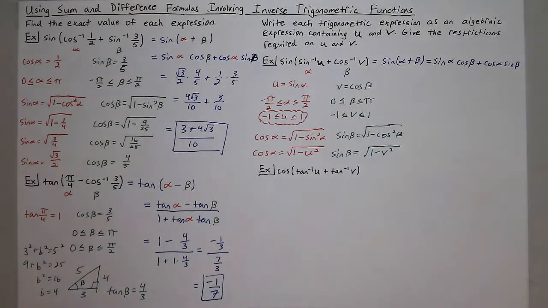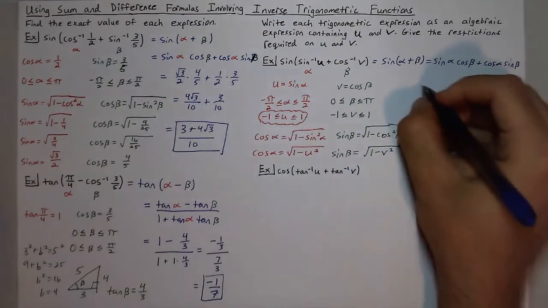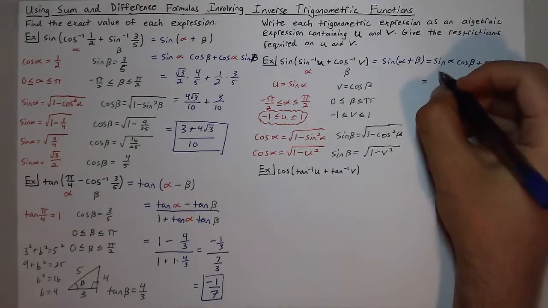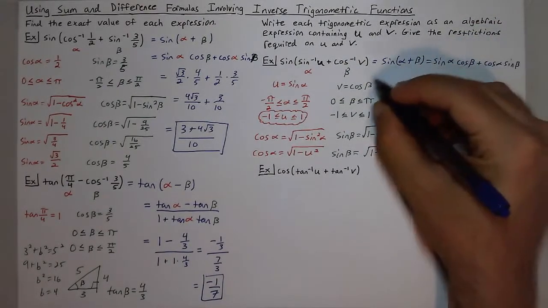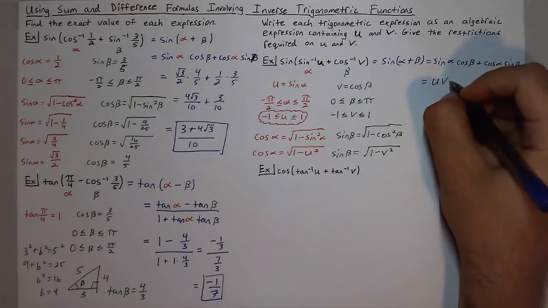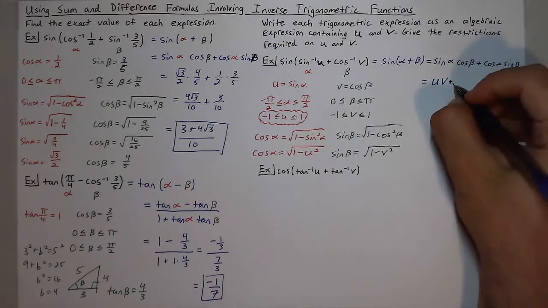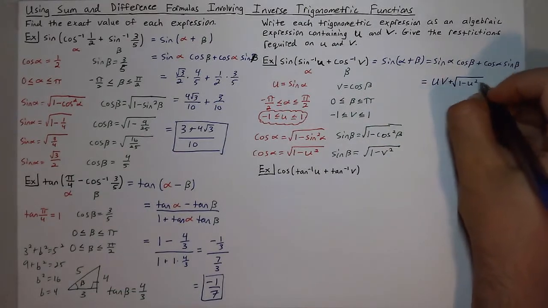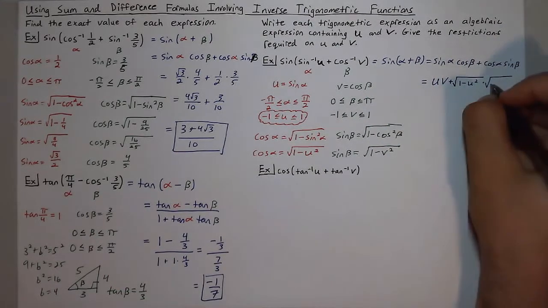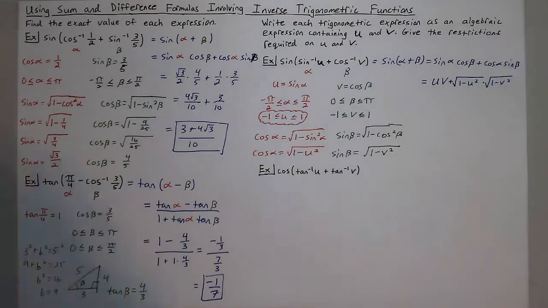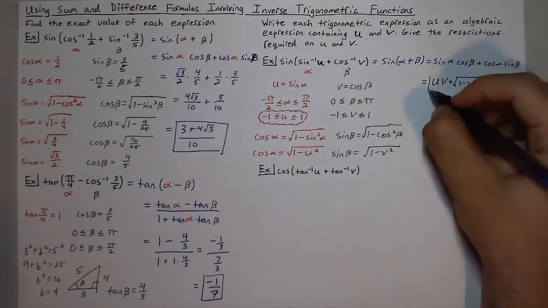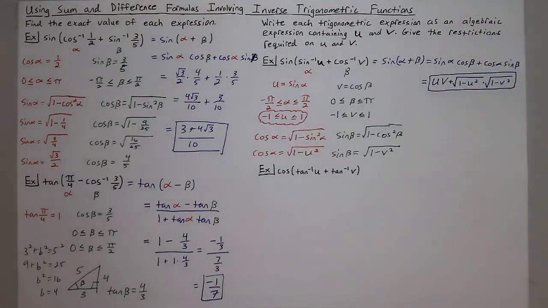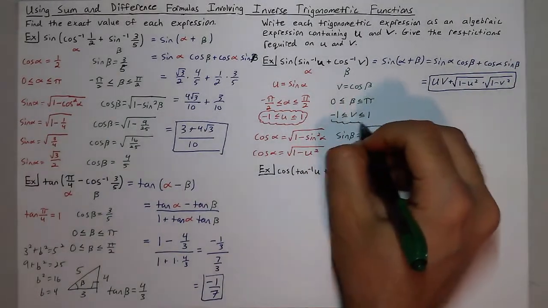So now that I know all these values, I can go back and write sine of alpha just to be u, cosine of beta just to be v, so u times v, plus cosine of alpha is the square root of 1 minus u squared times the square root of 1 minus v squared. And that would be the expression with the restrictions on u and v being that they have to be between -1 and 1.